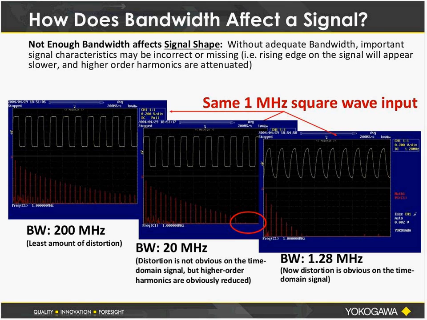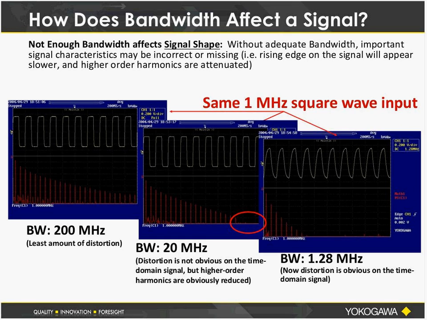So while the square wave that's shown in the top half of these three images has a 1 megahertz fundamental frequency, it's going to have quite a few higher-end harmonics. So when we look at that 1 megahertz square wave with a 200 megahertz bandwidth instrument on the left, it looks as we would expect, and we can see good detail. In the middle, we've restricted the bandwidth to 20 megahertz. And in the time domain, the signal looks pretty much the same, but if you look at the frequency domain transform, you can see that there is a cutoff of the higher frequency harmonics.